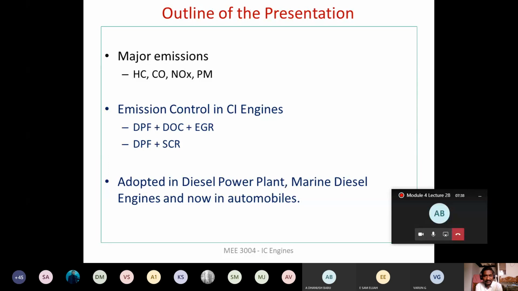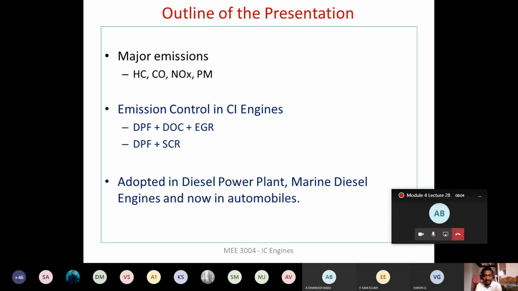And subsequently, in the case of navigation in sea, we use diesel engines again for marine applications. And to control the pollution from the marine diesel engine, we went for various methods of emission control systems in the CI engine for marine diesel engines.